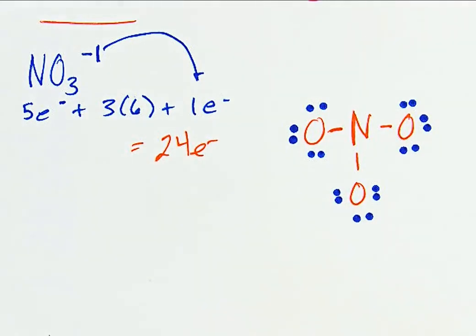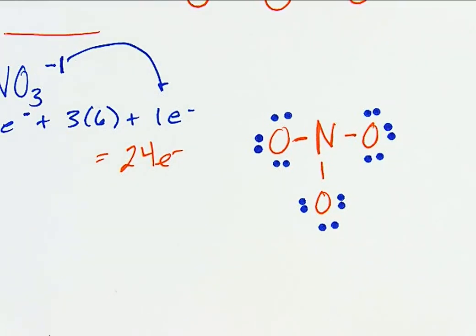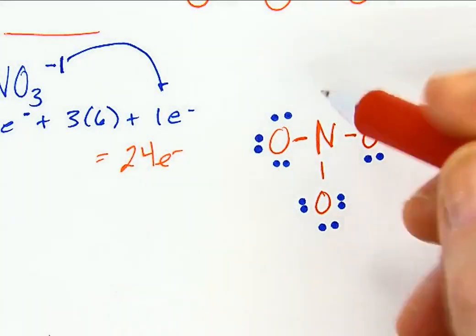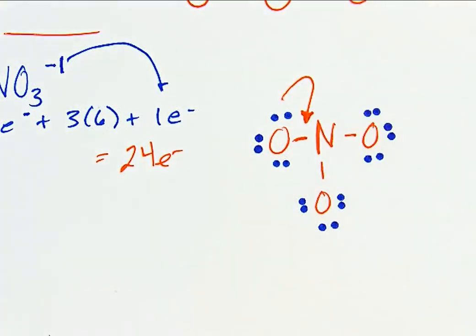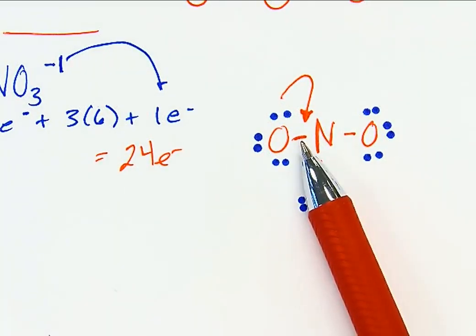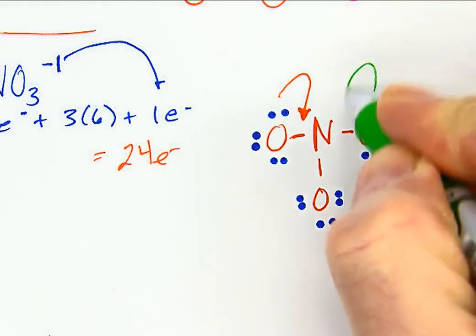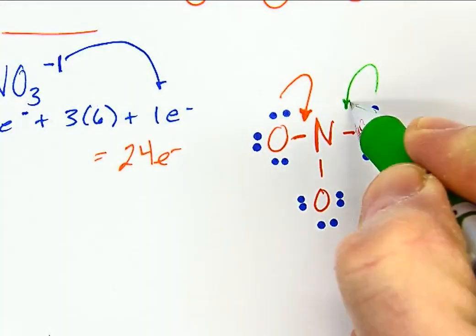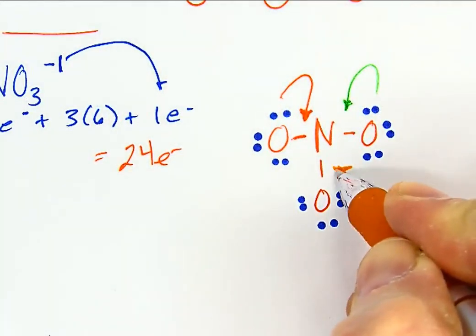To save you time, though, I'm not going to show you now everything that we could do, but instead I'm going to show you one part of our class might say, oh, to make nitrogen complete with 8 electrons, we put our double bond on this side. And the other group said, well, we prefer this. And the third group said this, okay?